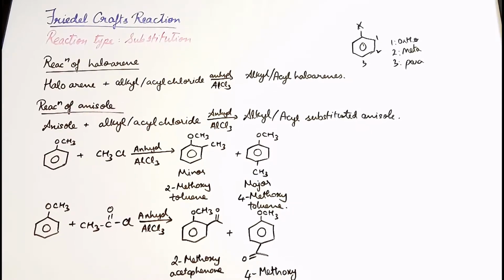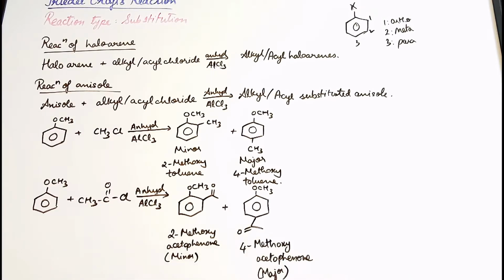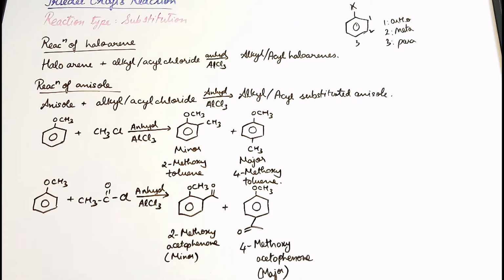Oh, it's not visible. Yeah, major product. So anisole reacts with alkyl or acyl chlorides to give us two products, one at the ortho position and one at the para position. The para position is major because of less steric hindrance, or no steric hindrance rather.